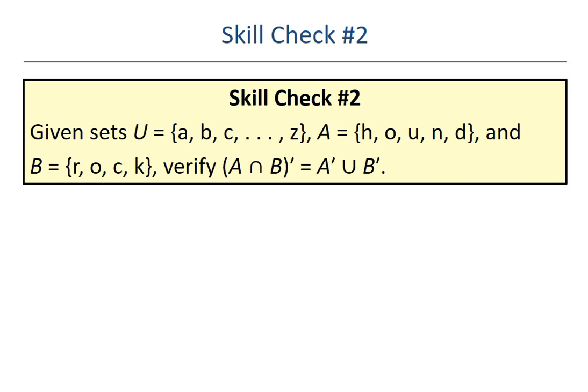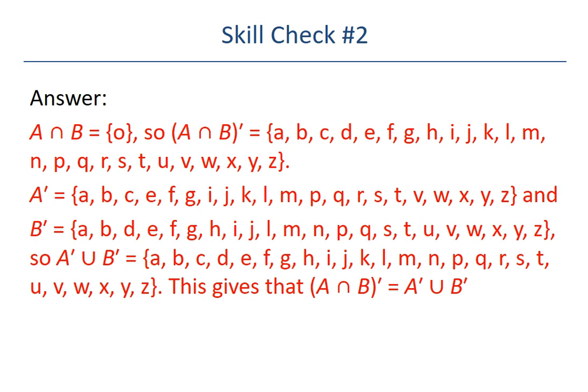Remember, this is the corollary of De Morgan's law, that the complement of the intersection of sets A and B is equal to the union of the complement of A and the complement of B. And work it out. See what you get. This is your proof of the pudding, so they say. And there are the answers. And again, pause it to verify De Morgan's law.